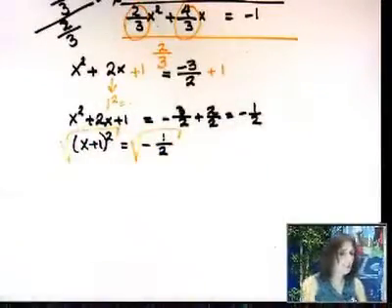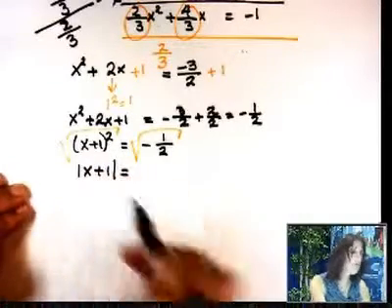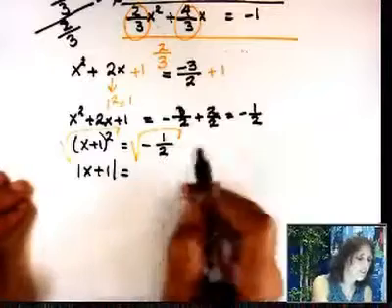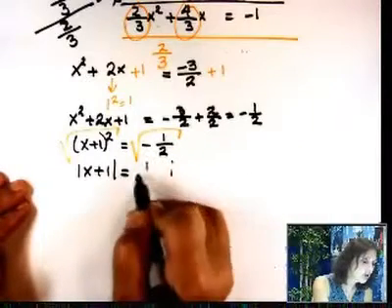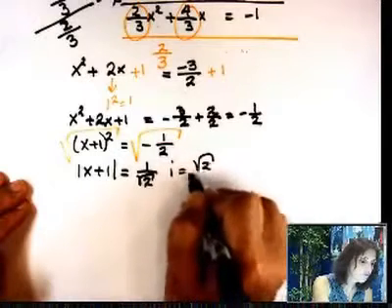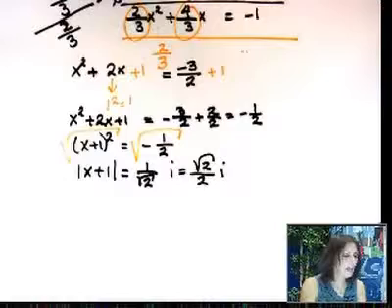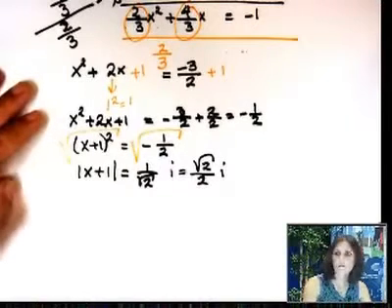Take the square root of both sides. You're going to end up with x plus 1 in absolute value. And what is that? Because of the negative, you have an i, and this is 1 over rad 2, which is the same as rad 2 over 2. Rationalize the denominator. Now remove the absolute value.